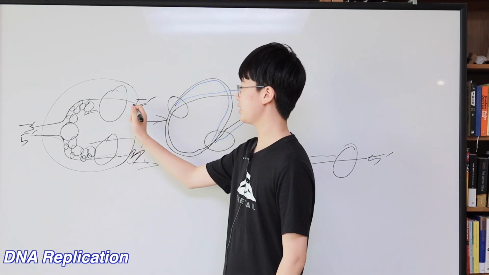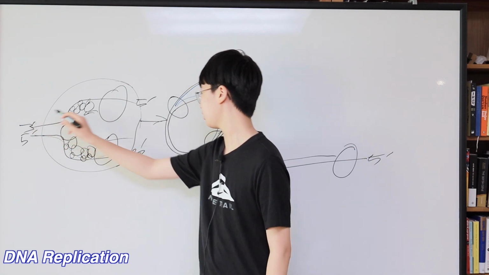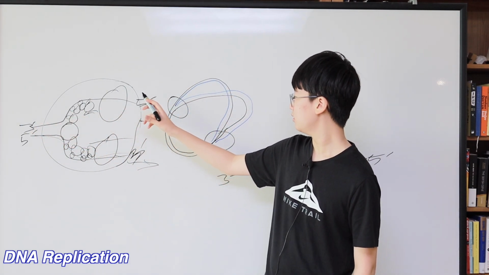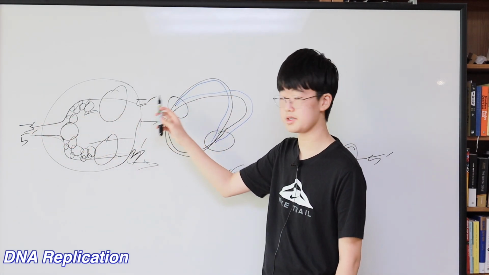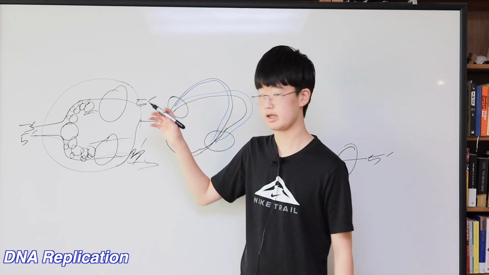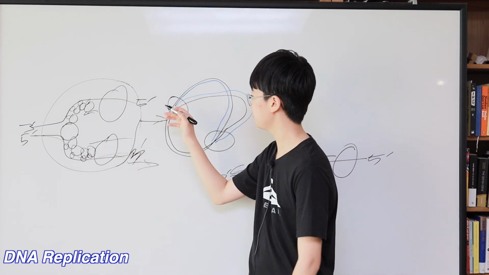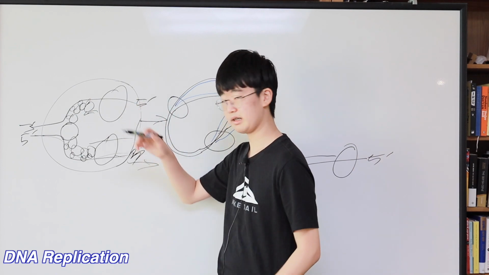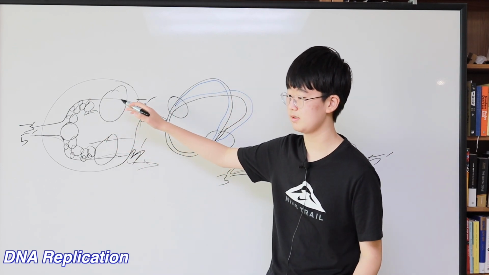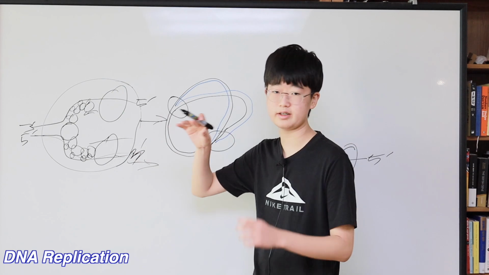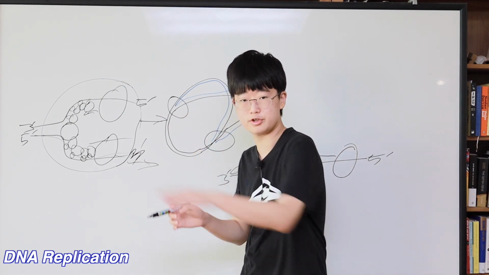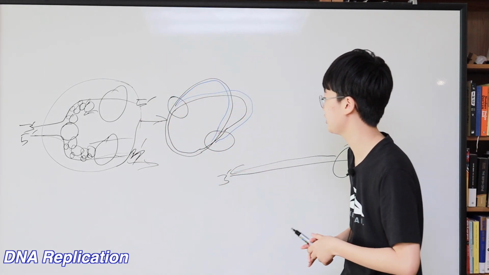So the top part, I drew it as 3 to 5 like that. It's called the leading strand because there are no problems replicating the DNA here. It's just plain sailing, like zoom, and nothing much happens.